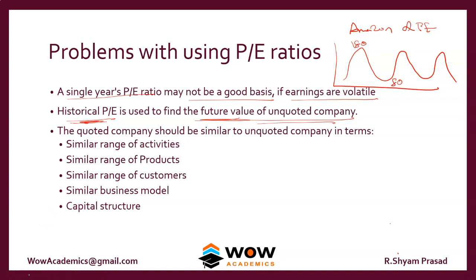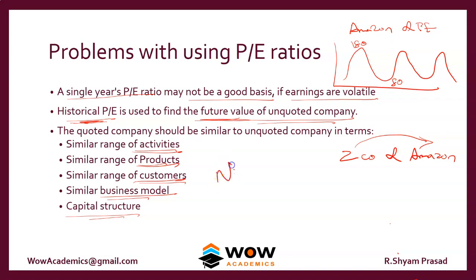The quoted company should be similar to the unquoted company. We took an example of Zco and Amazon. Zco should be very similar to Amazon. In what terms? The activities should be similar, the products should be similar, customers should be similar, the business model should be similar, and the capital structure should be similar. Is it possible to be similar in all the ways?